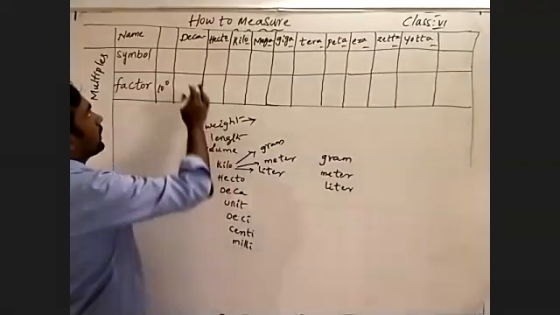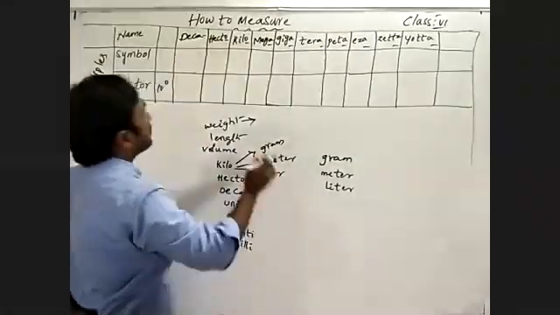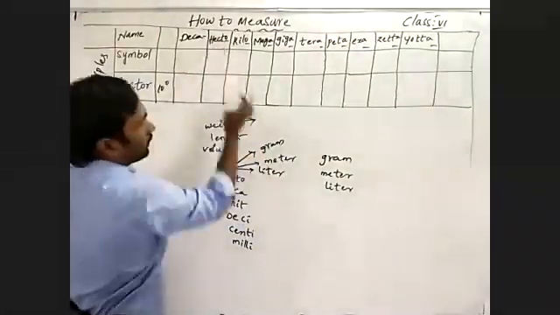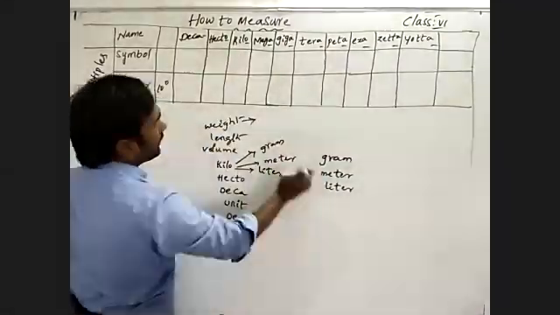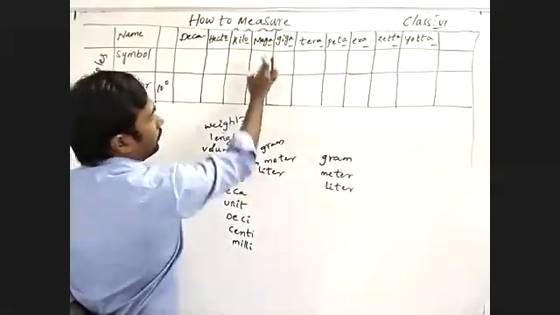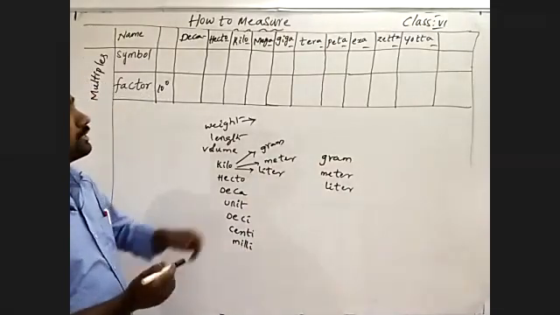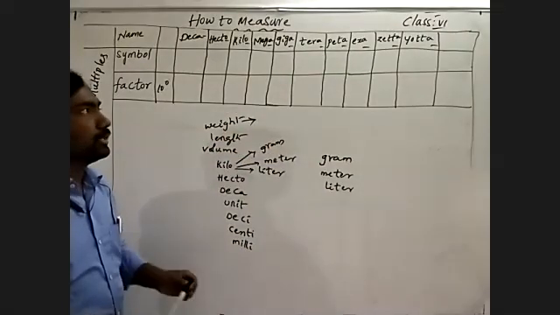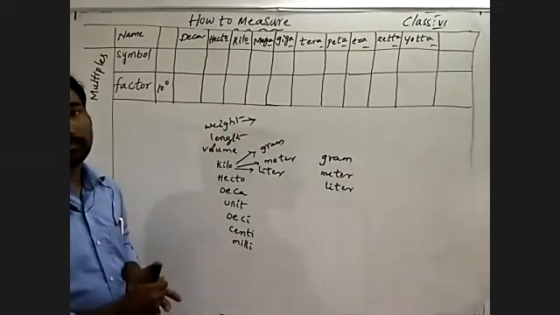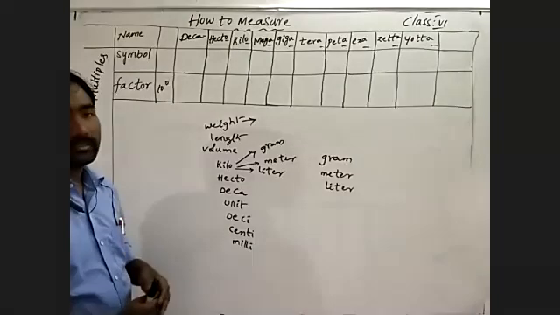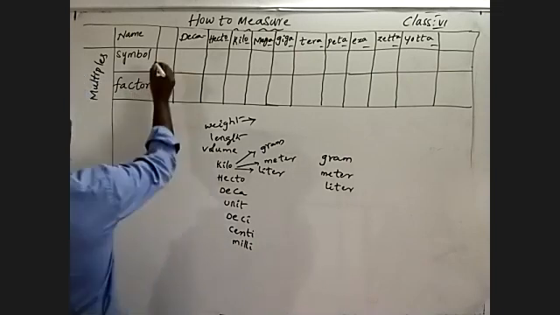So by this combination we get decagram, decameter, decaliter, hectogram, hectometer, hectoliter, kilogram, kilometer, kiloliter, megagram, megameter, megaliter, yottagram, yottameter, yottaliter. That's why I gave a hyphen, combining with the unit to measure the different quantities.